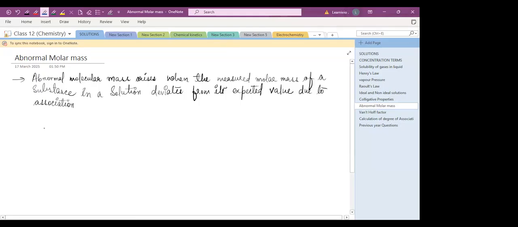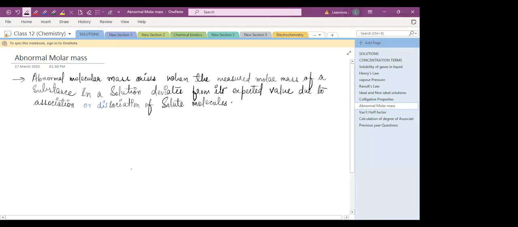Association means combination, and dissociation means breakdown. Sometimes molecules combine and sometimes they dissociate. Due to that, the abnormal molecular mass arises. Basically, this observed molecular mass is known as abnormal molecular mass.